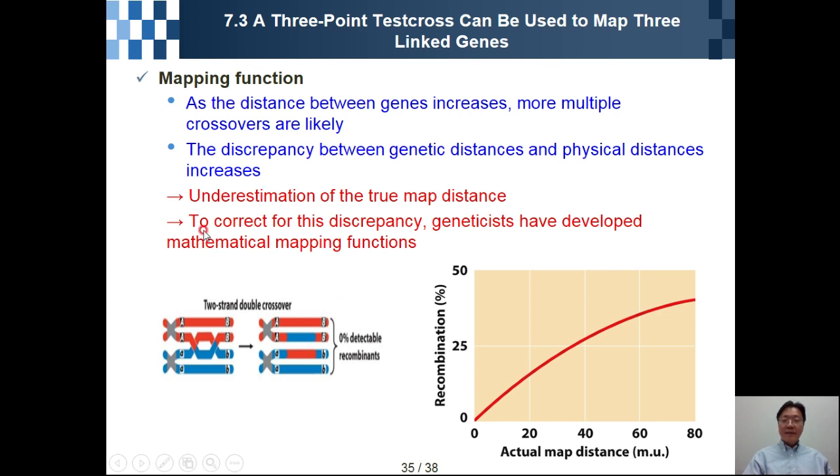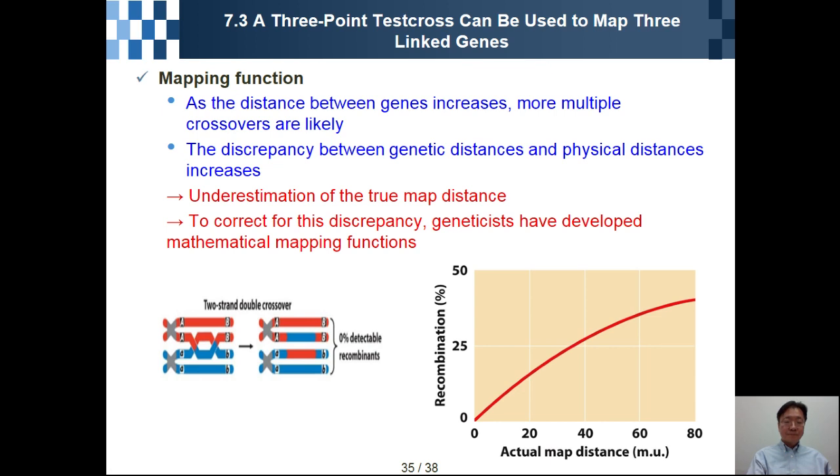So once again, to correct this discrepancy, geneticists have developed a mathematical mapping function like this. When they observe the recombination frequency is about 30%, the actual distance will be 40 mu, like this.